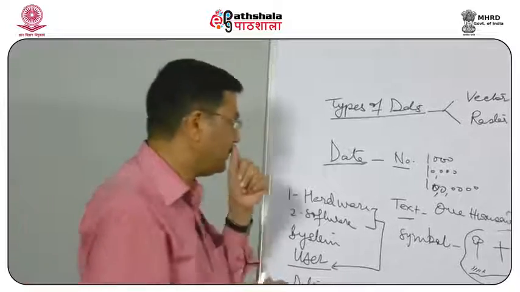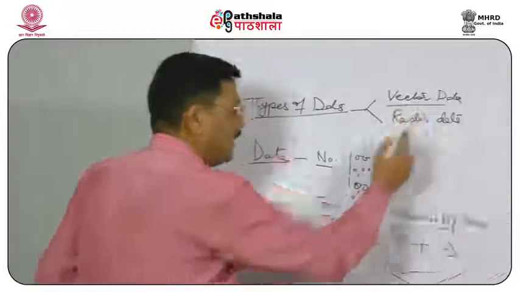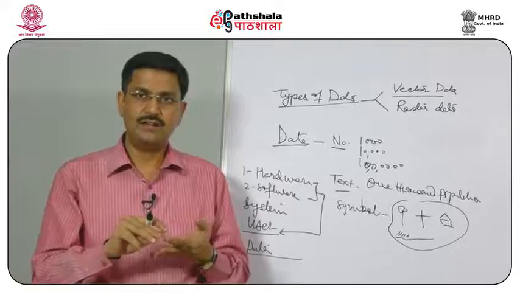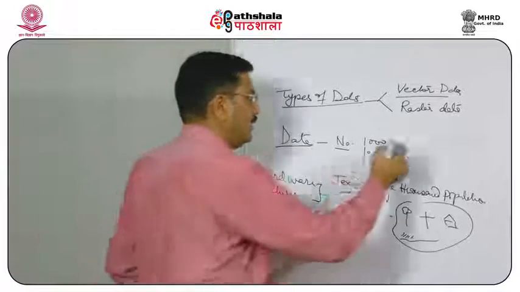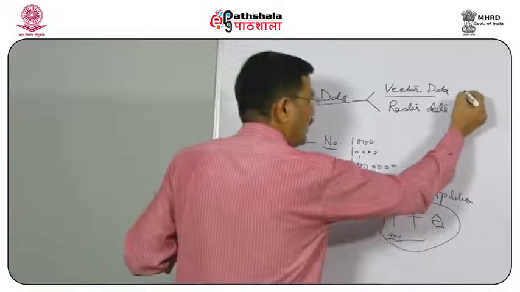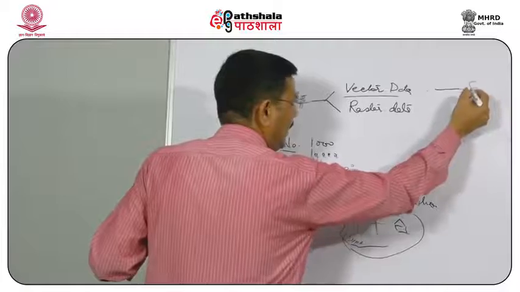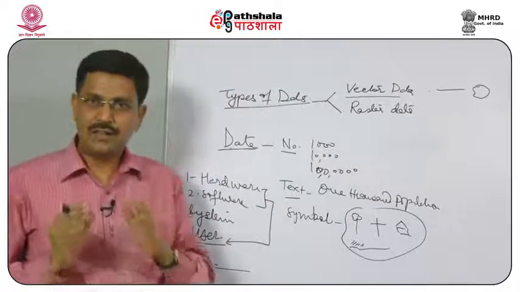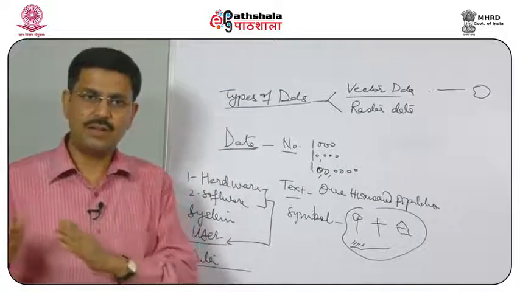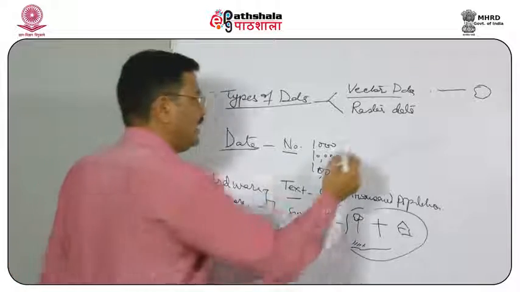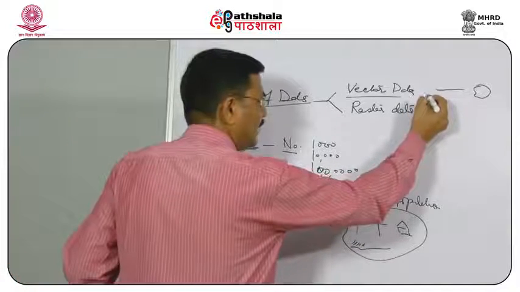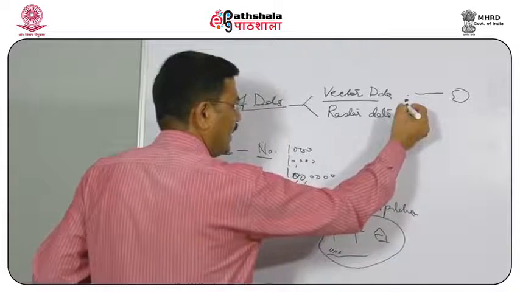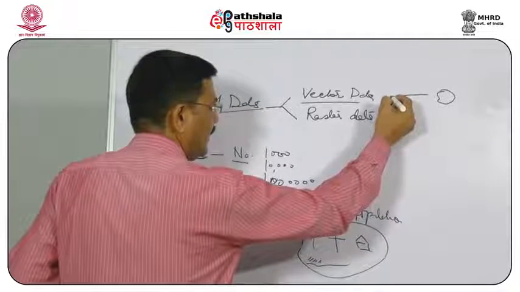So the moment we say vector data, it is nothing but a point, line or area which separates one feature, one object from another. Say for example, I can put a point like a square, I can put a point like a circle.